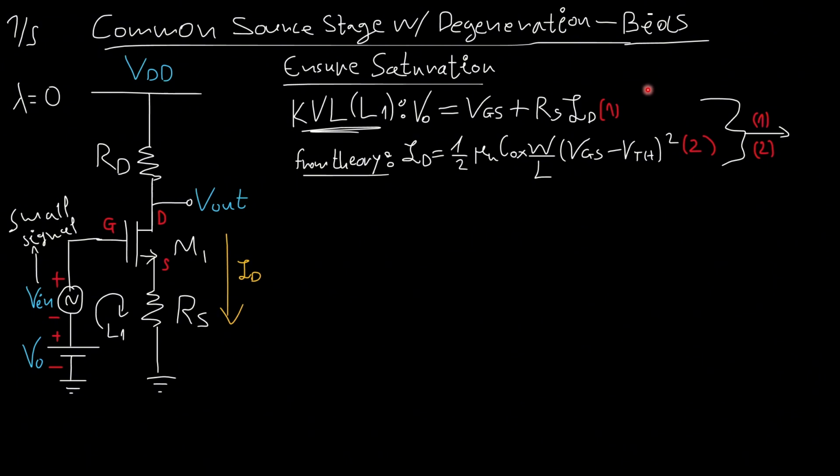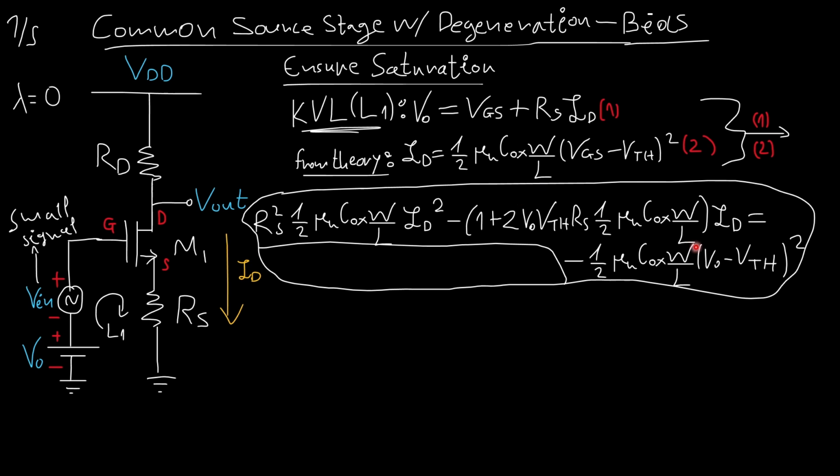Now, if I try and solve this, I get this huge quadratic equation. We can solve it very easily by knowing the different values that are given to us by our exercises.